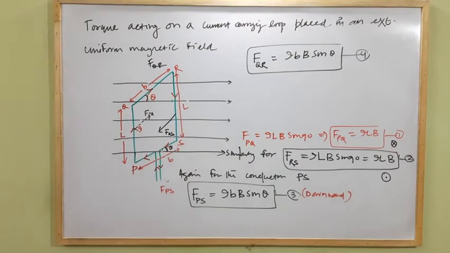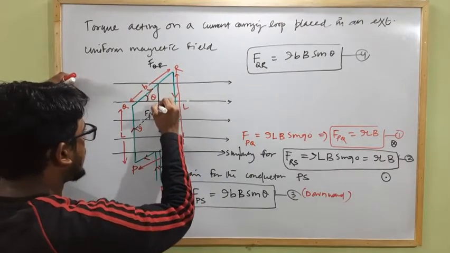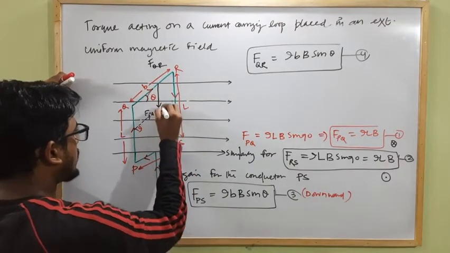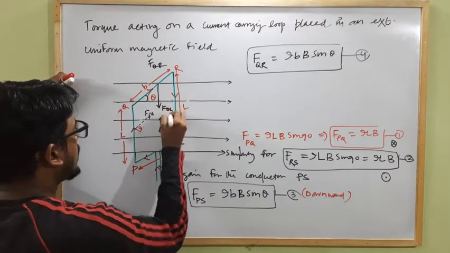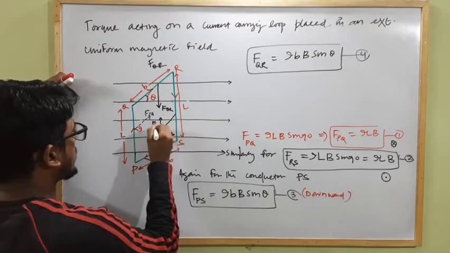Okay, here the magnetic force will be acting downward and here the force will be acting upward. This is F on QR, this is F on RS.